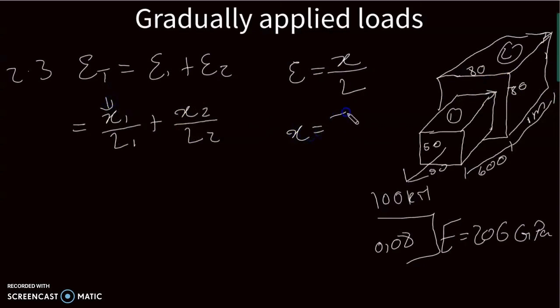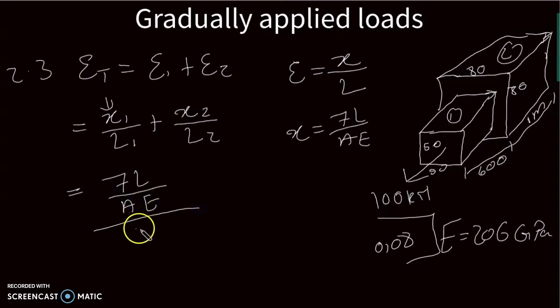We know change in length is given by FL divided by AE, all divided by length number 1, plus FL2 divided by A2 E, divided by length number 2.